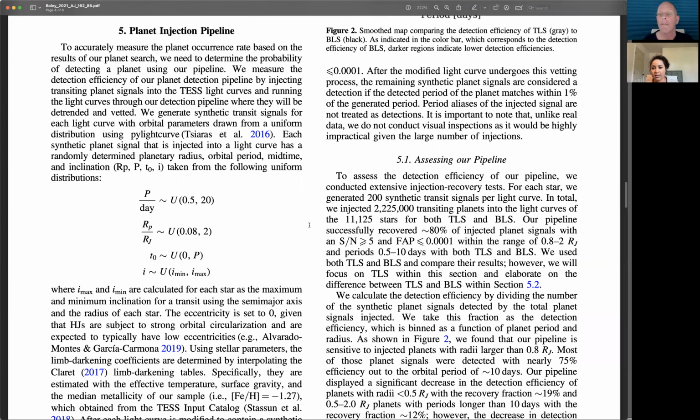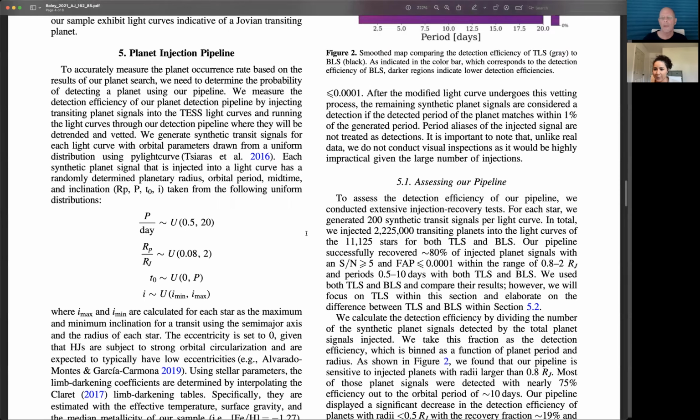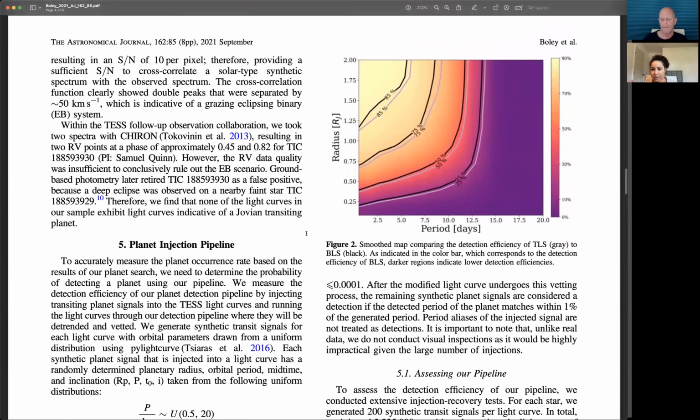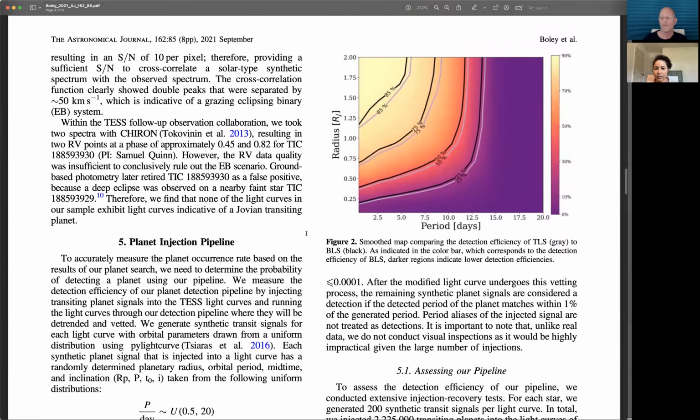And then we have to determine our completeness, which I'll get to in a second. But the way in which we get to this crucial component in determining a planet occurrence rate is by doing planet injections. This is the section we call the planet injection pipeline.